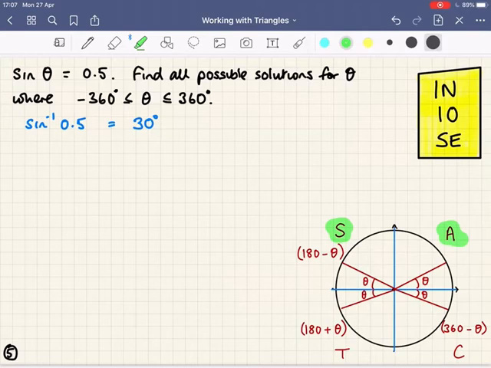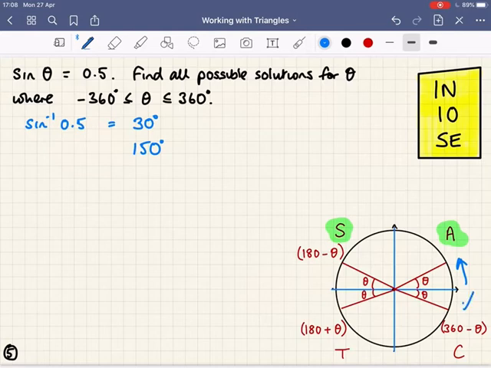So I look for the corresponding angle, this time going in a positive direction, and I've got 30 degrees, and I would have an equivalent angle of 180 minus 30, which is 150 degrees. So that would also give me a result of 0.5. None of the other angles between 0 and 360 would give me the same value, because in the third and fourth quadrants the values of sine are negative.